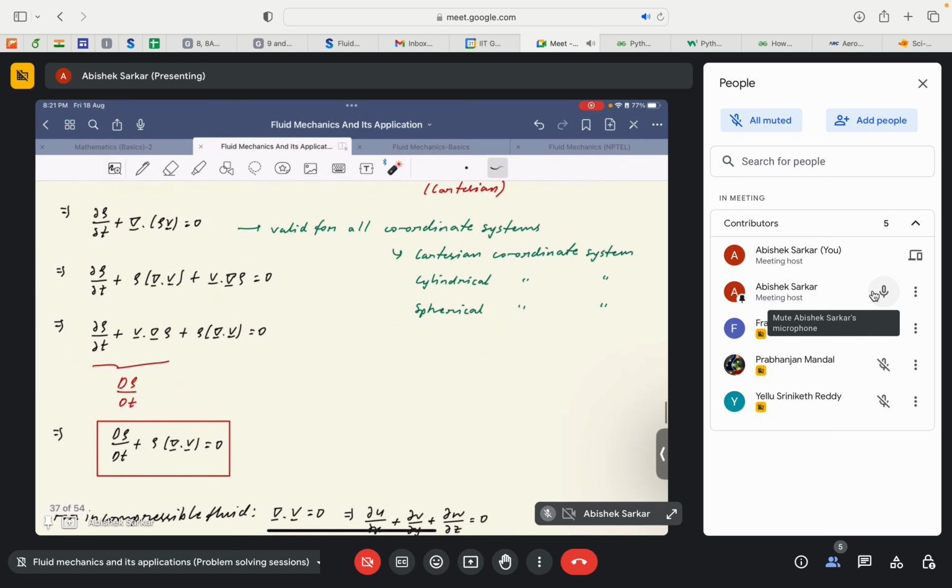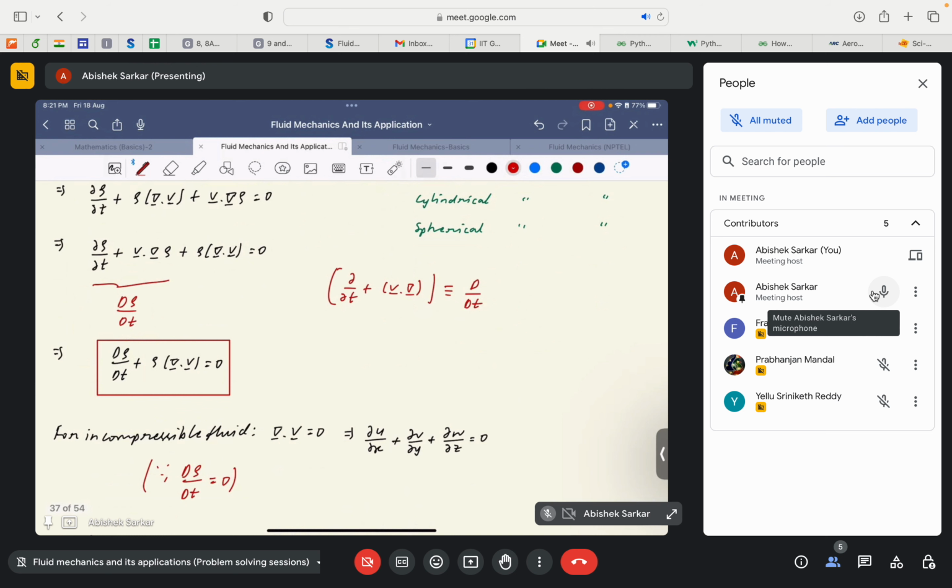And this term, I guess most of you would be quite familiar with it from when we discussed acceleration. This operator, dou by dou t plus v dot del, is actually the operator of the complete derivative in the Eulerian approach. So keeping that in mind, we can write this term as the complete derivative of the density: d rho by dt plus rho times the divergence of the velocity.